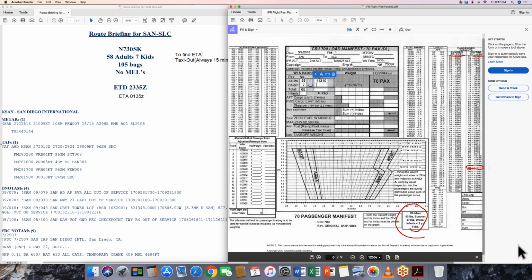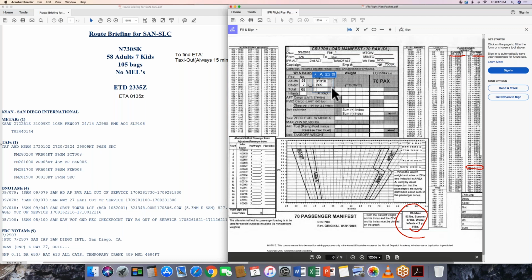So who wants to do the math on that for me? Got 7 kids, and in the winter we fatten them up a little bit, so they're 87 pounds. Got 609. Okay. 609. Everybody agree? Yes. Moving on.